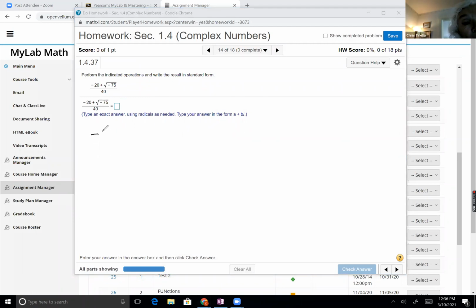So what we've got here is (-20 plus the square root of -75) over 40, and they want it in a plus bi form. Right now, I don't see an i, but I do see that square root of -75. We want to simplify that radical.